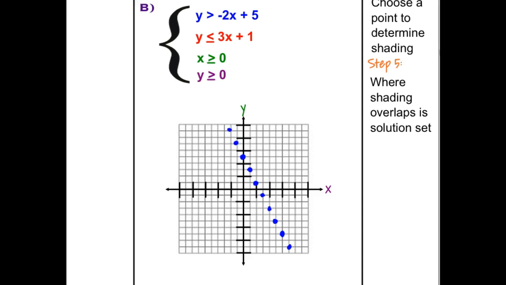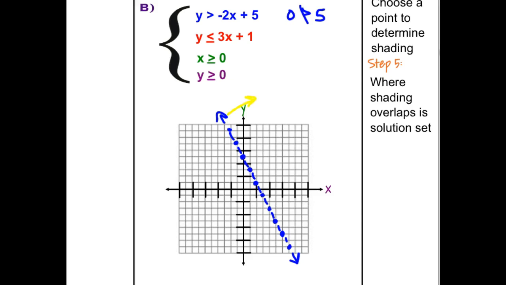And it is strictly greater than, so it is a dashed line. We're going to choose 0, 0. And 0, 0 gives me 0 greater than 5, which is not true. So that means I'm going to shade basically to the right and above the blue line.